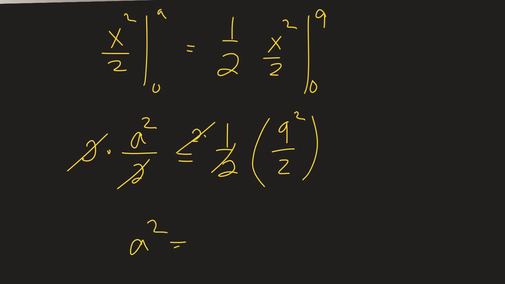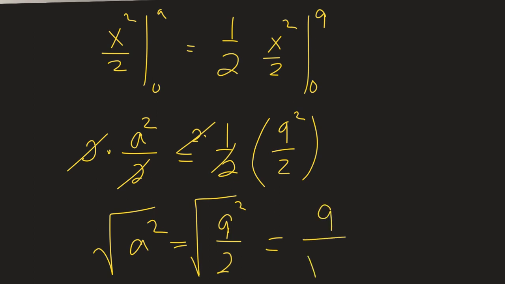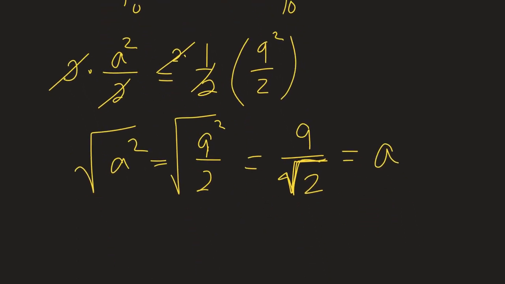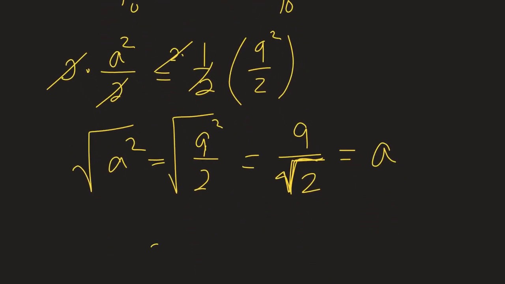So a squared equals 9 squared divided by 2. So when I take the square root of both sides, I get 9 over root 2. Okay, remember we want an exact value. That is an exact value. It would be okay in calculus if you left it just like that. Or maybe the square root of 81 over 2, right? That would have been also fine because 9 squared is 81.